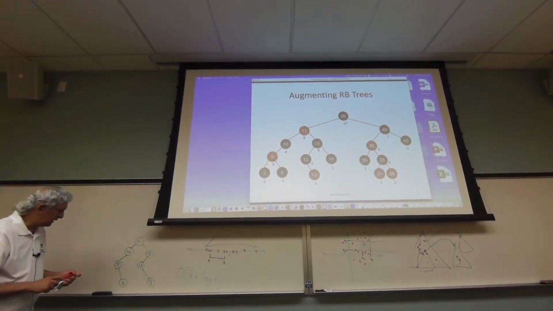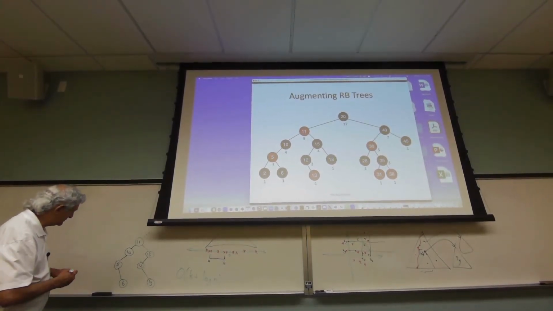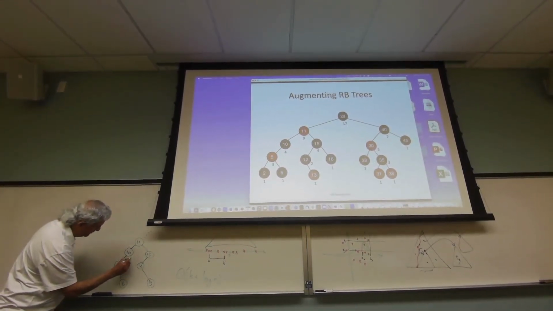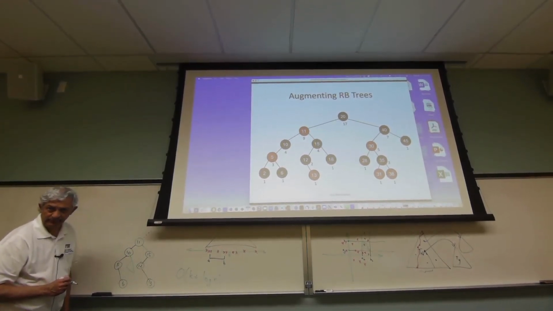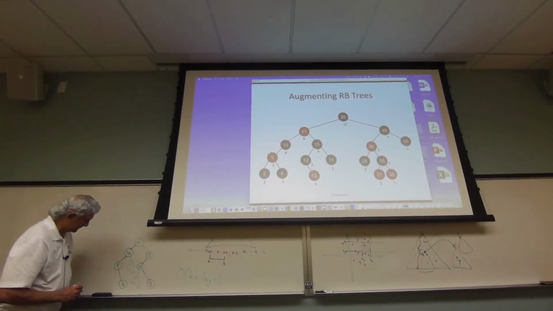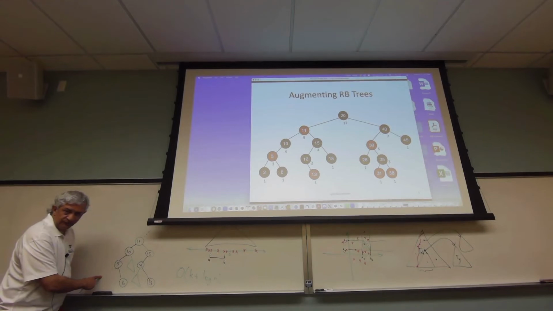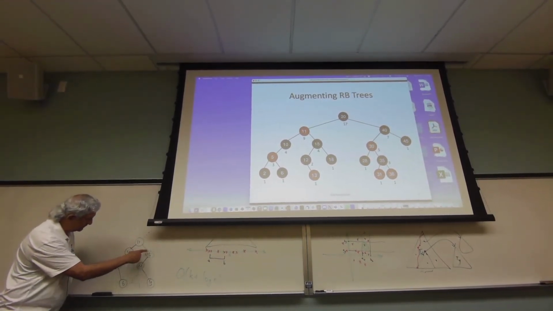But then I have to do some extra work because there could be a bunch of things hanging off of here. There may be a bunch of things over here, but that's not relevant. Here you have taken care of both.